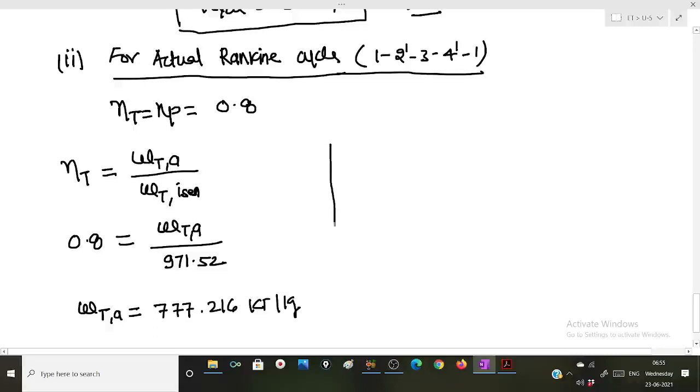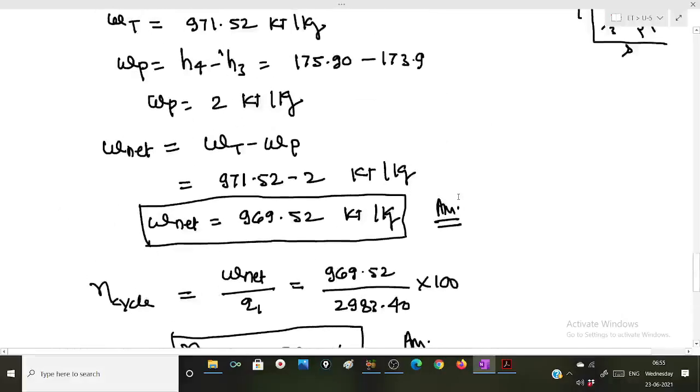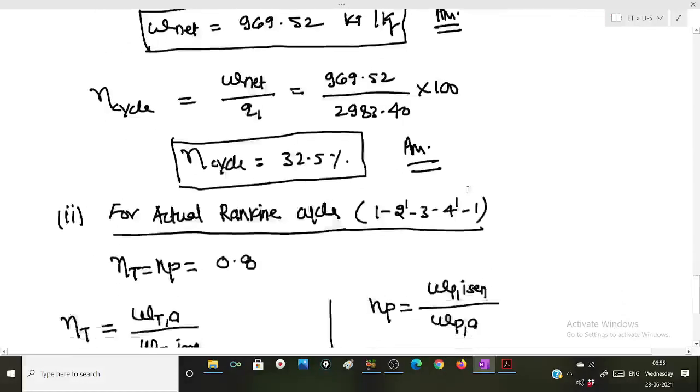Similarly, for pump efficiency, it is given as isentropic pump work to the actual pump work. It is also 80%. Isentropic pump work we have calculated as 2 kilojoule per kg.